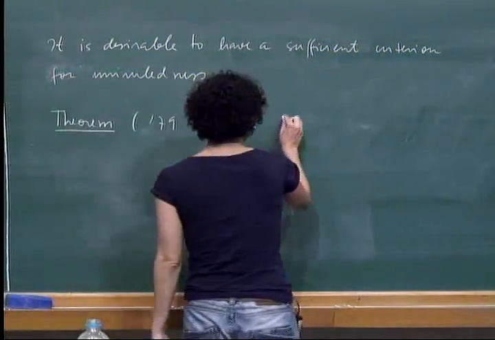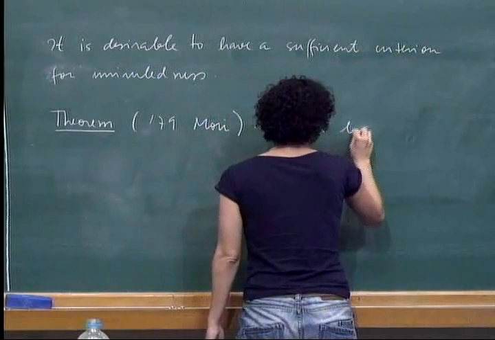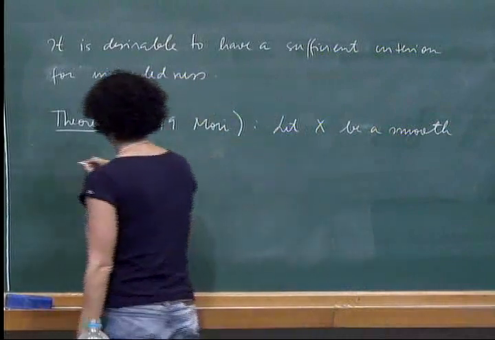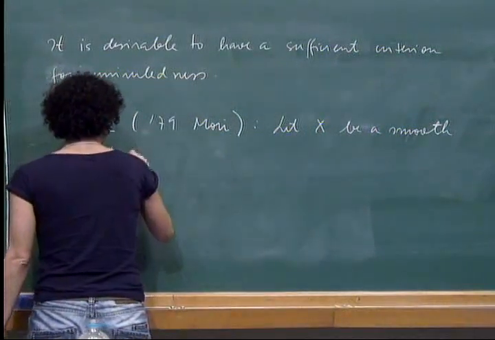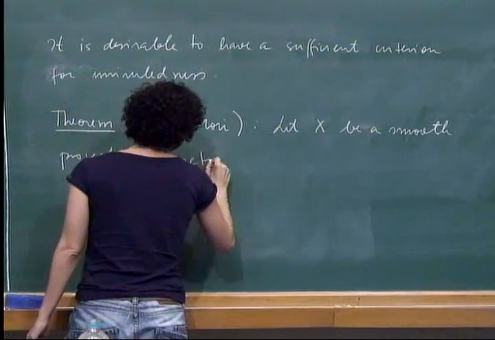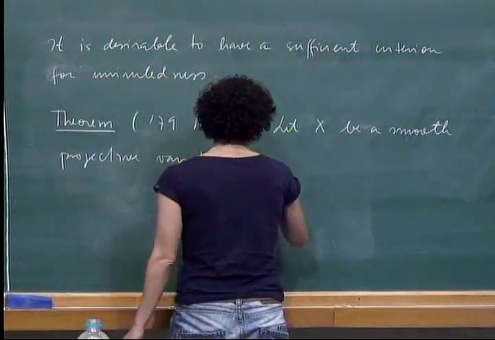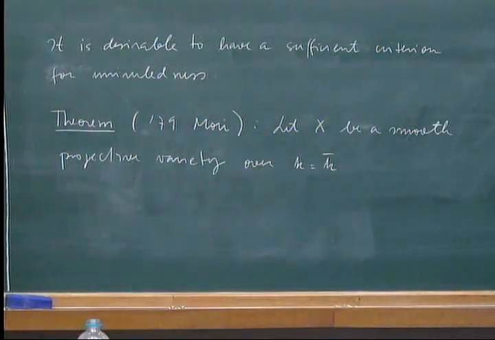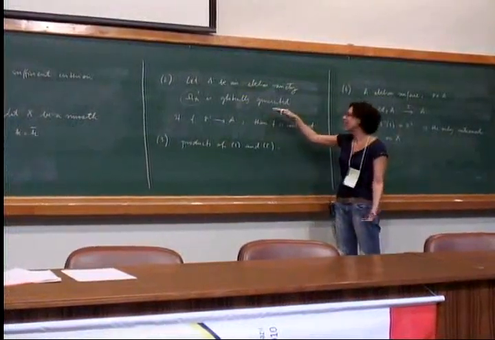So let's start with X a smooth projective variety over an algebraically closed field K. Okay, so if we go back to our examples here where we don't have any rational curves, you see that the space of differential forms has some strong non-negativity property.